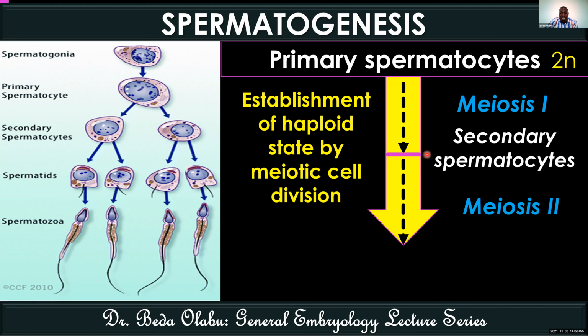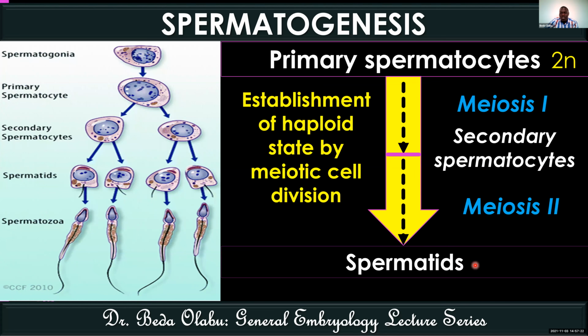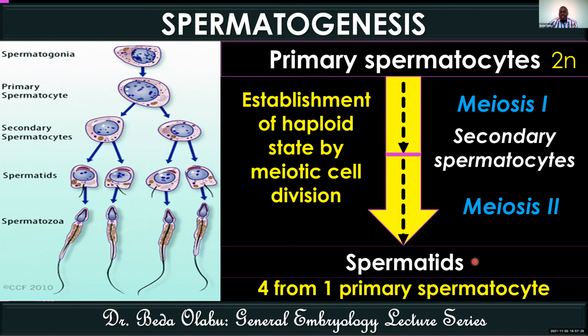Secondary spermatocytes undergo the second meiotic division. The second meiotic division involves separation of chromatids. Remember, each chromosome has 2 chromatids, and one chromatid is a copy of the other one. So meiosis 2 involves separation of chromatids, and the daughter cells we get there are called spermatids. So spermatids are haploid cells.